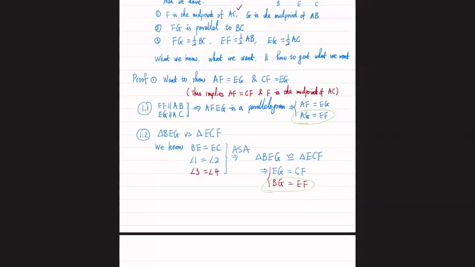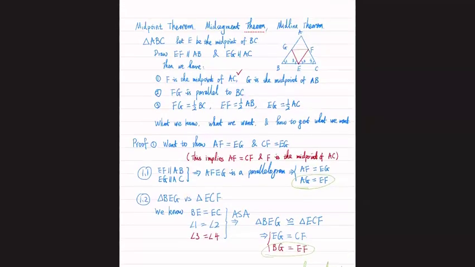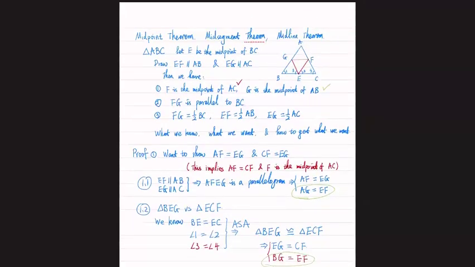Okay, so here we have AG and BG, they both equal EF. So G is the midpoint. Okay, so we proved this one.